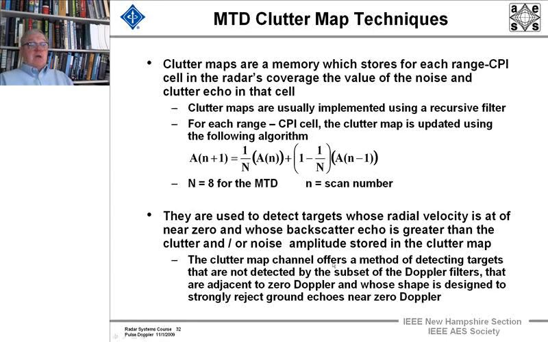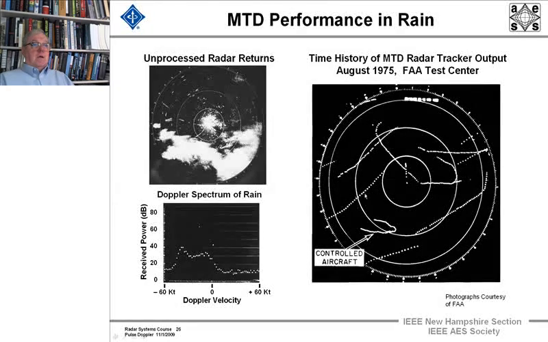And the clutter map channel offers a method of detecting targets that are not detected by the subset of Doppler filters that are adjacent to 0 Doppler and whose shape is designed to strongly reject ground clutter echoes. And that's why you saw in that view graph back there excellent detection.